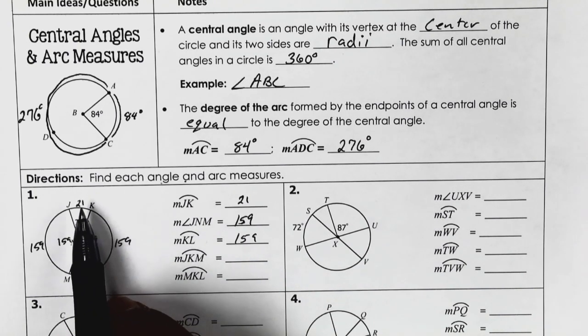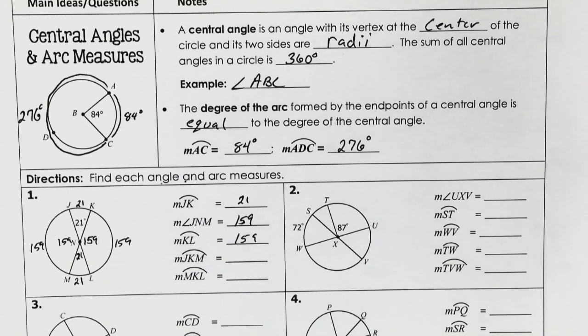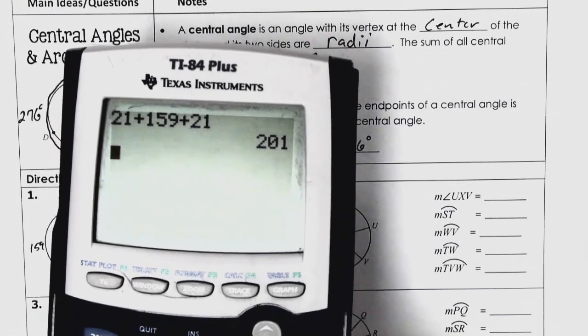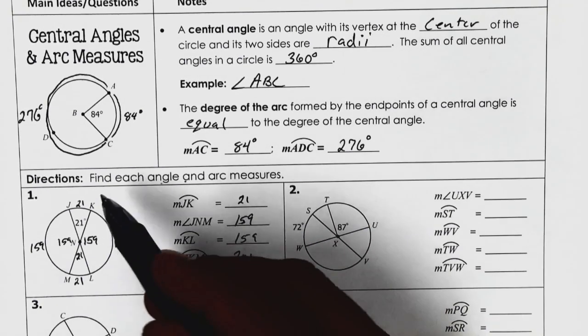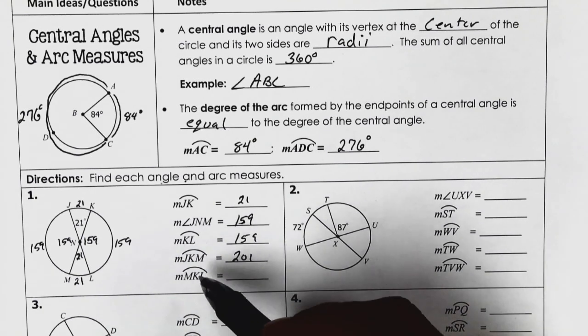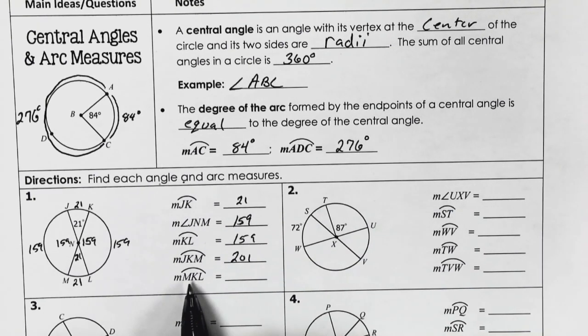So you're going to do 21 plus 159 plus 21, and that gives us an arc of 201, because I'm going from J through K all the way to M. So the letter in the middle tells you the direction that you're going, whether you're going clockwise or counterclockwise.